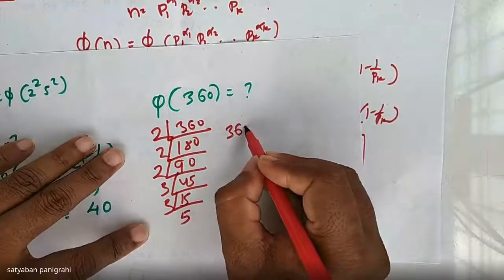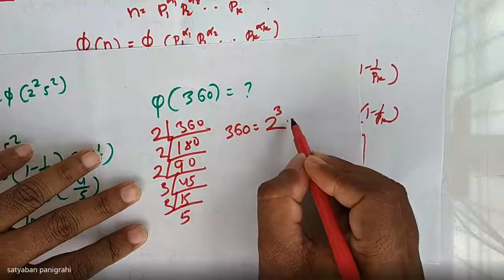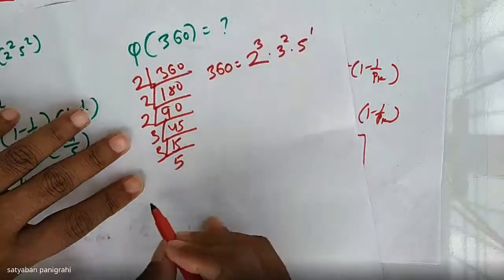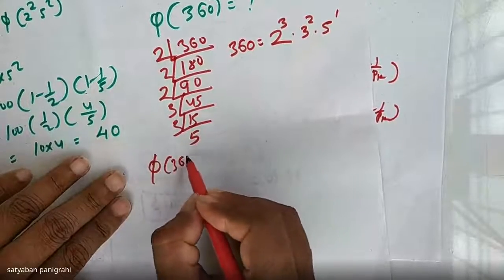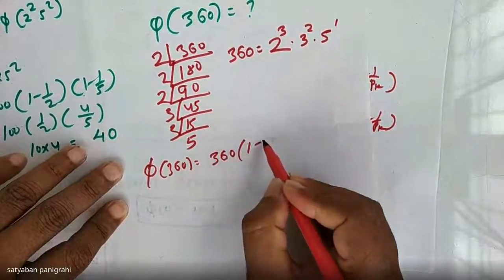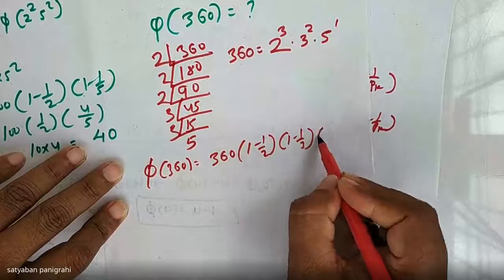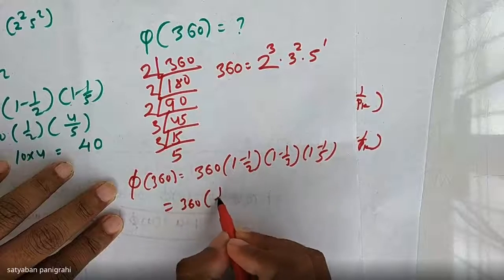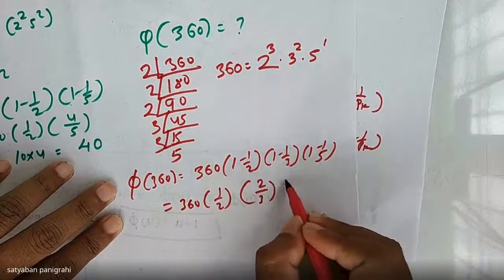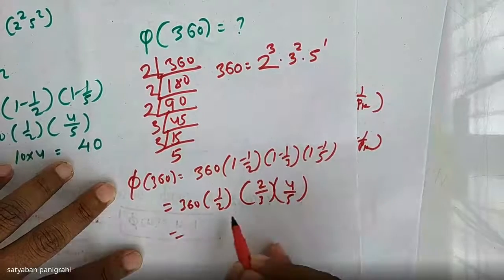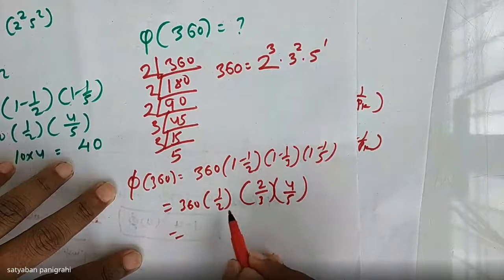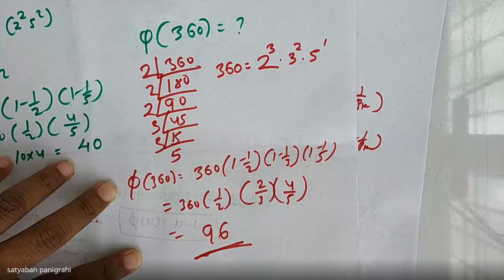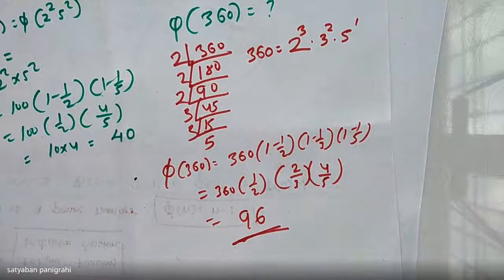That means 360 equals 2 cubed into 3 square into 5 to the power 1. So simply apply the formula. Phi of 360 is 360 into 1 minus 1 by 2, 1 minus 1 by 3, 1 minus 1 by 5. This gives 360 into 1 by 2, 2 by 3, and 4 by 5. This gives 96. Ready? You can face this type of question.